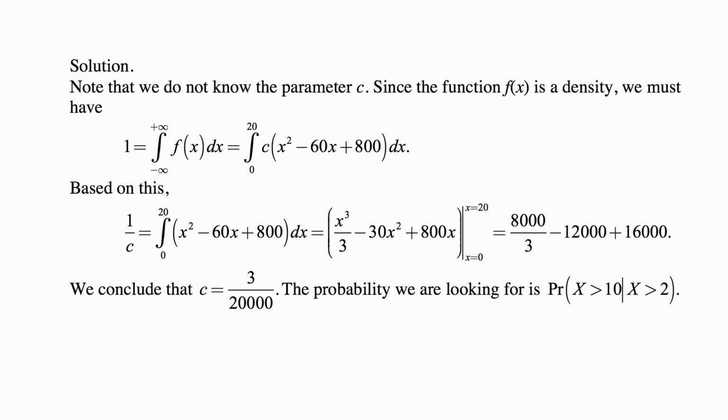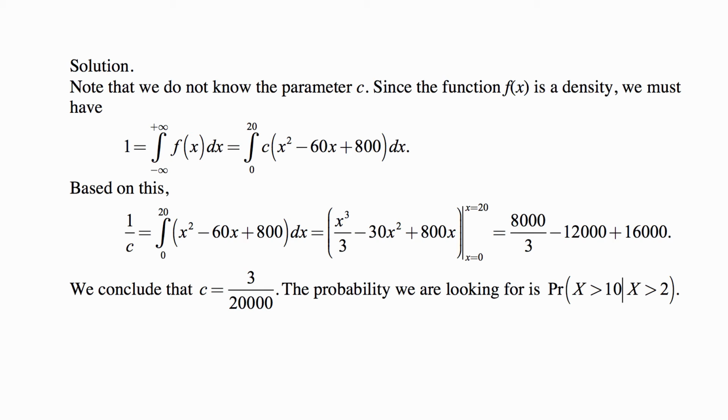So 16,000 minus 12,000 is 4,000. 4,000 is the same as 12,000 over 3, so altogether on the right-hand side we have 20,000 over 3. 12,000 plus 8,000 is 20,000. 1 over c is equal to 20,000 over 3, so c is 3 over 20,000.